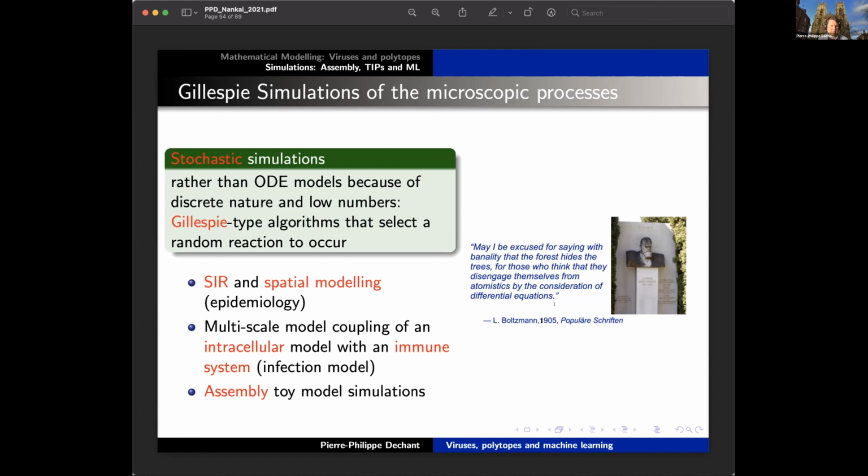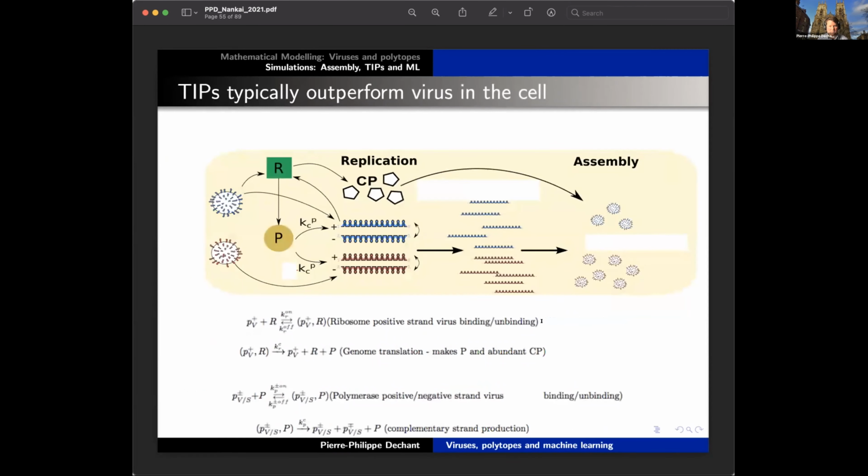And yes, you could probably do a simple ODE model, but I liked Samir's quote from the talk the other day by Boltzmann. You might be missing some rather important things if you do the ODE approximation, because ultimately things are atomistic, as he says here.